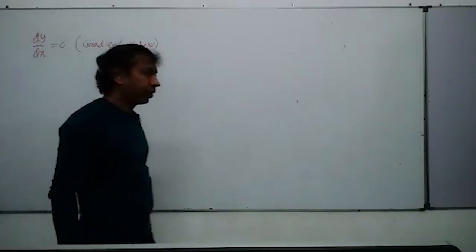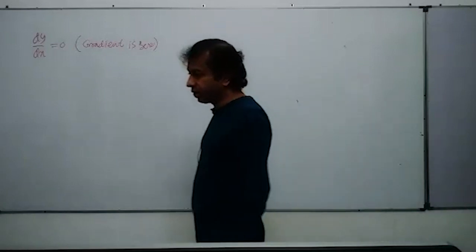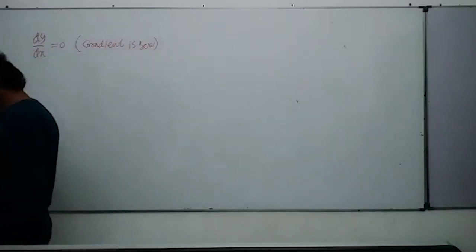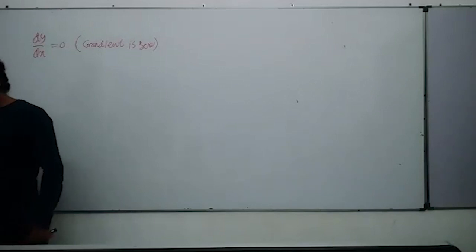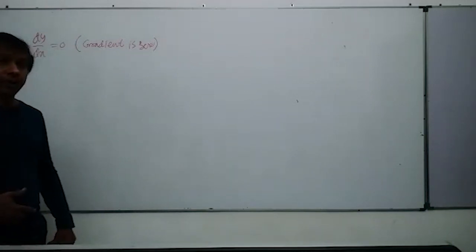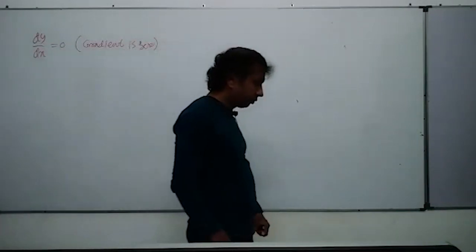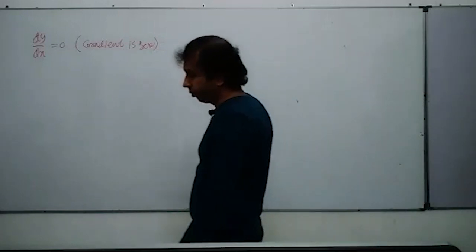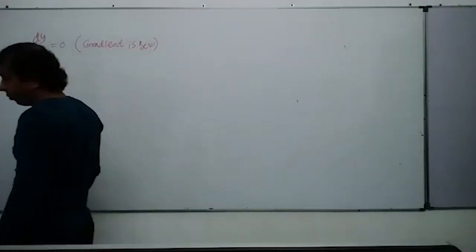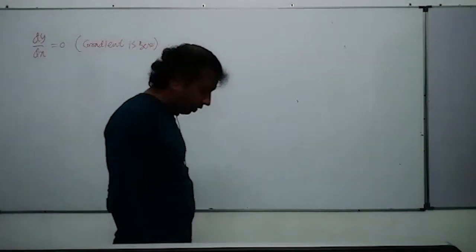Right. Write down, start from a new line. A stationary point can occur on a graph basically in three ways.